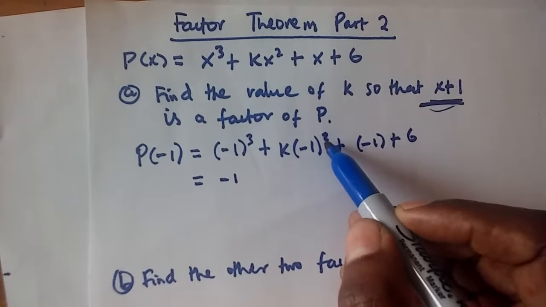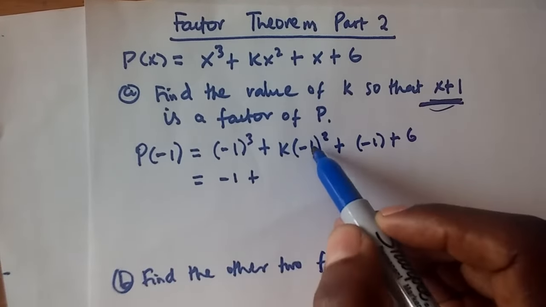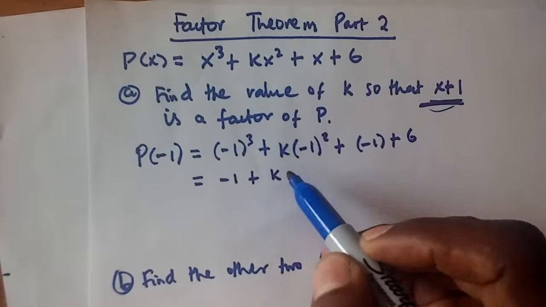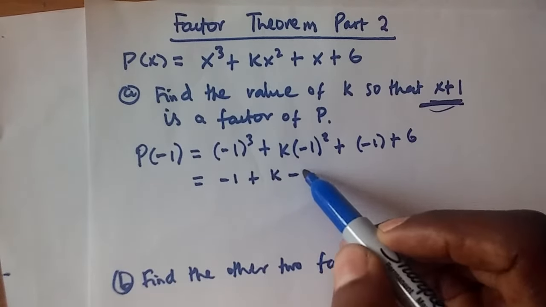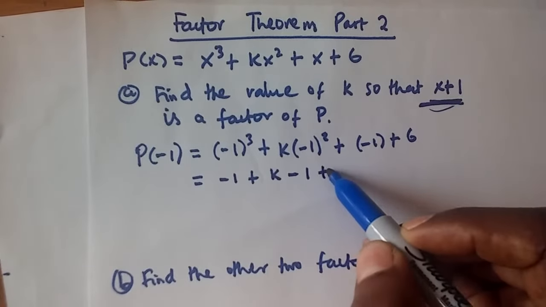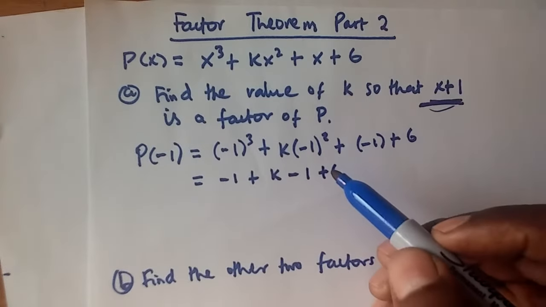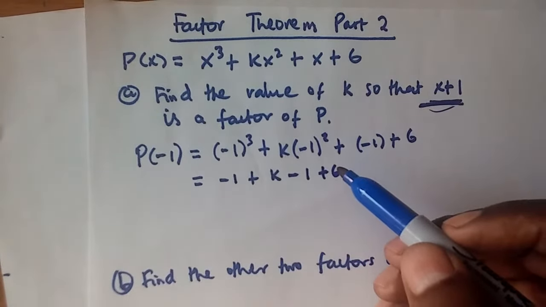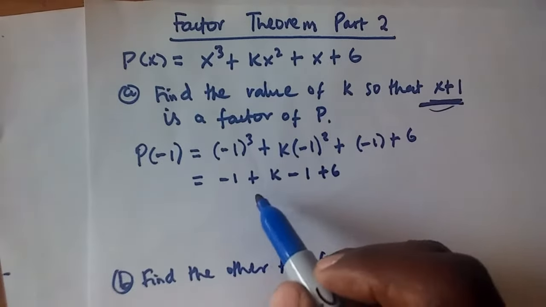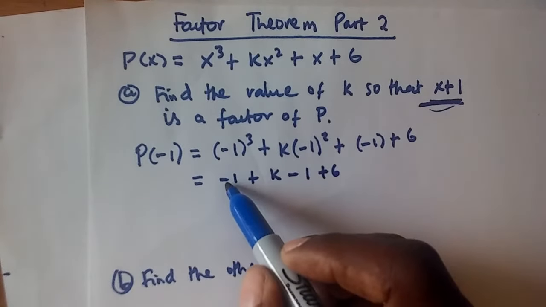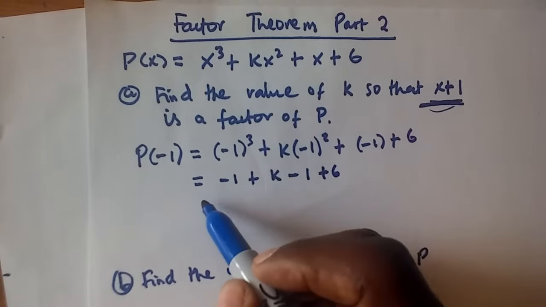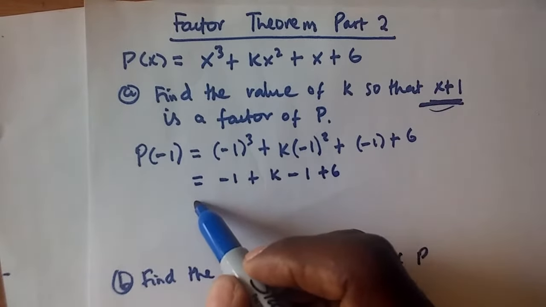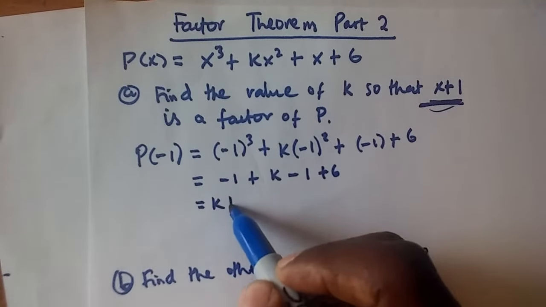And then negative 1 squared is 1, so plus 1 times k is k. And then plus negative 1, and then plus 6. So this simplifies to negative 1 plus negative 1 is negative 2, plus 6 is 4. So that will be k plus 4.